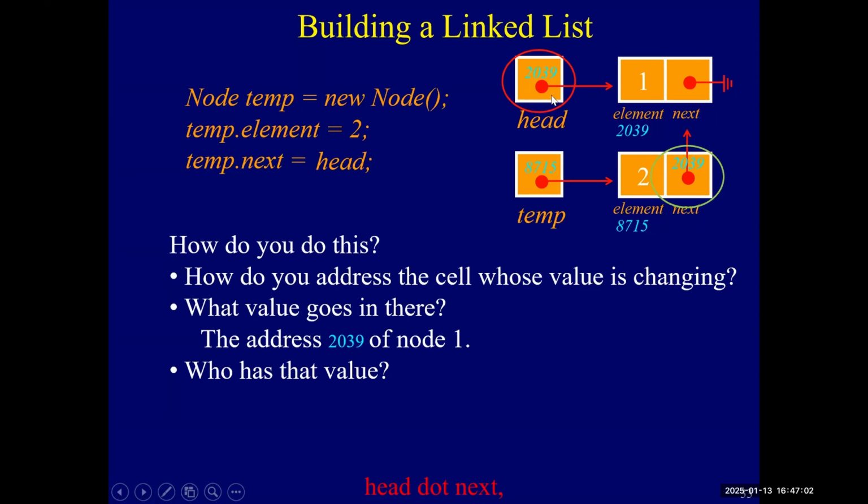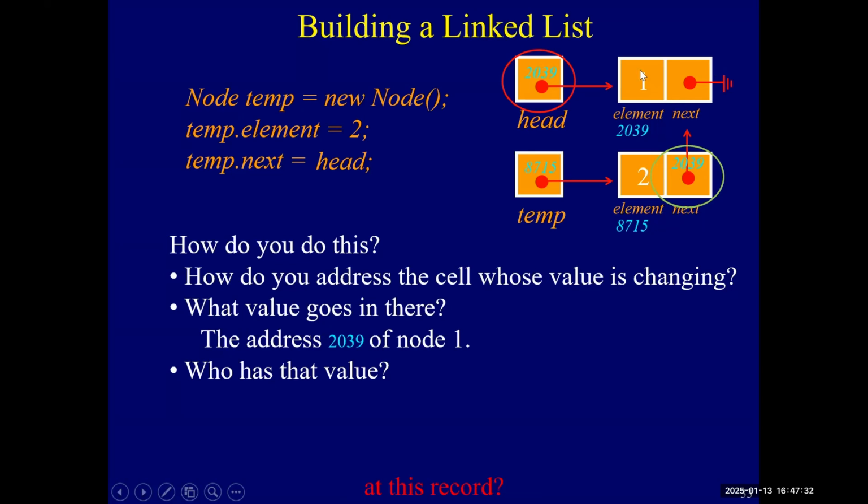And if you said head.next, you would get the value 0, right? Which is a good thing if you wanted to, right? If next was pointing at somebody, and you wanted this to point where this guy's pointing, then you would put head.next here, right? But we want this box to point to this record, right?